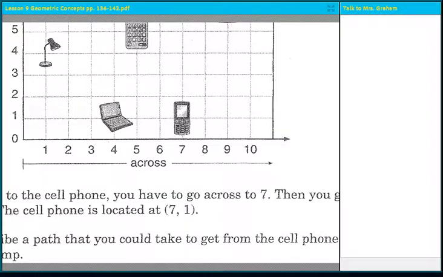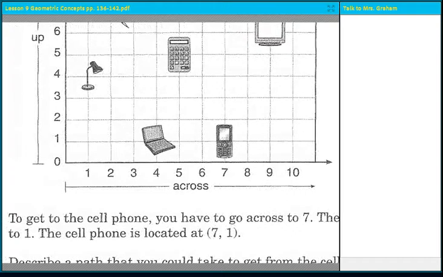Anyway, let's go ahead and take a look. When we're looking at where that cell phone is on the grid, we're going to check out the numbers it lines up with. When you are going to find the numbers it lines up with, you always start here at the bottom. Always, always. And you go across until you find the number that it's on.